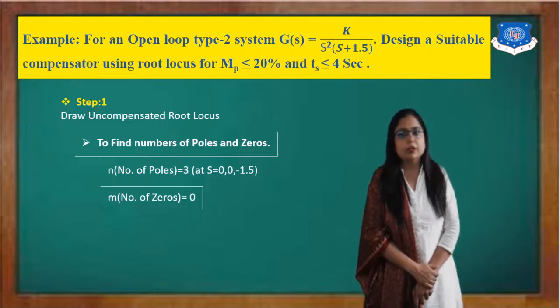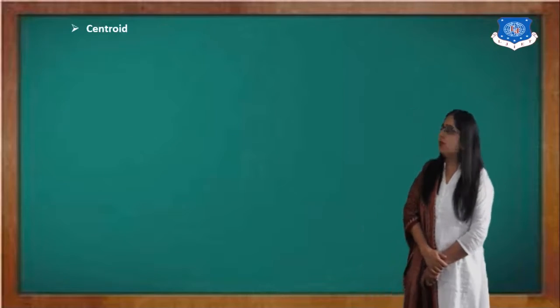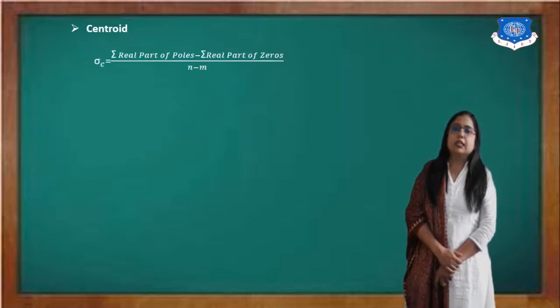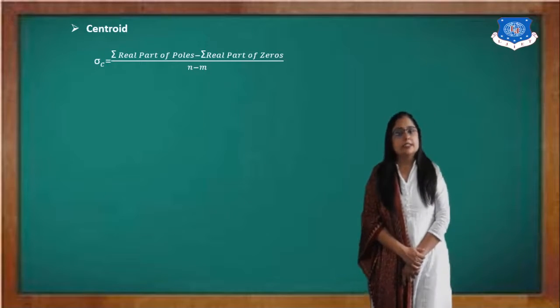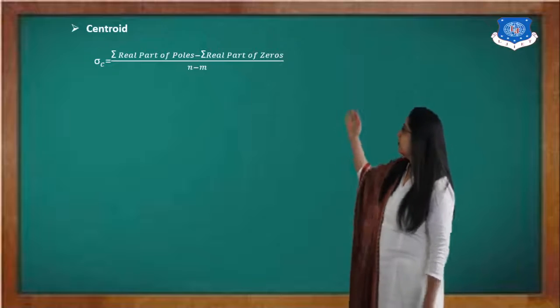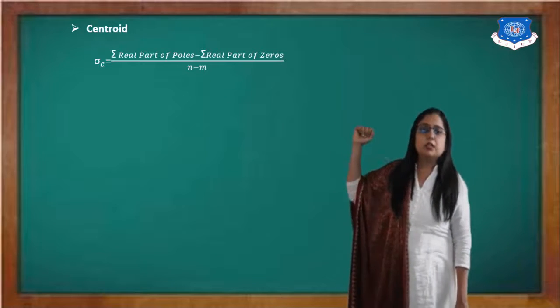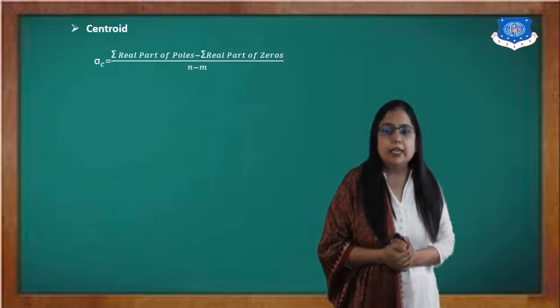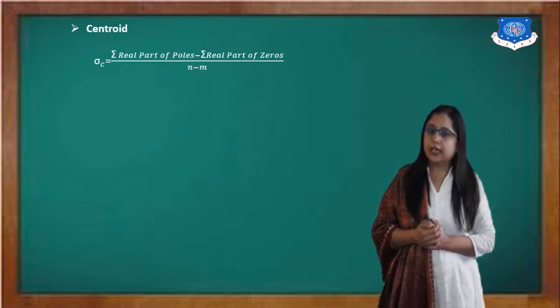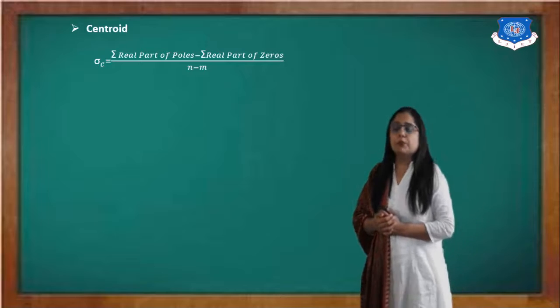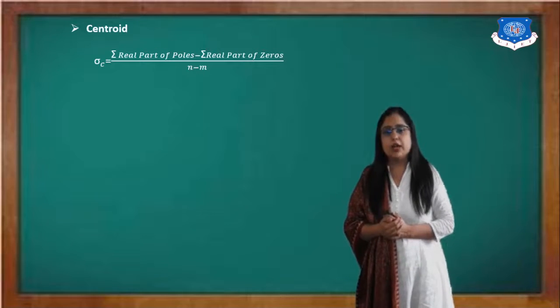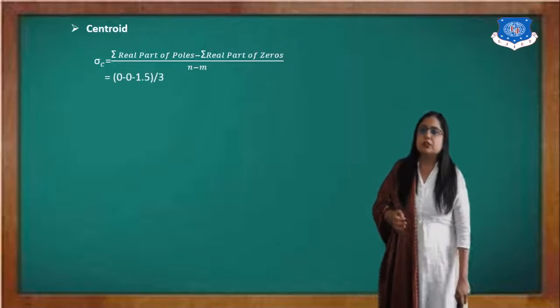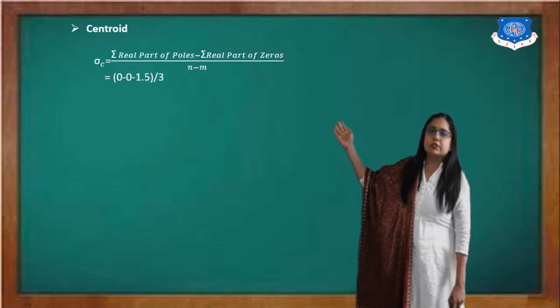Next I have to find the centroid, and the equation is sigma c equal to summation of real part of poles minus summation of real part of zeros, divided by n minus m. Now we know that our poles are at 0, 0 and minus 1.5. So you just put those values in this equation.